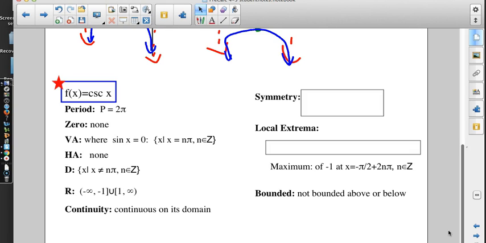And then your domain is the same thing as the vertical asymptotes, just with a not equal to. Because for the domain, you can't use those vertical asymptotes. So the set of all x, such that x is not equal to n pi, where n is the set of all integers.